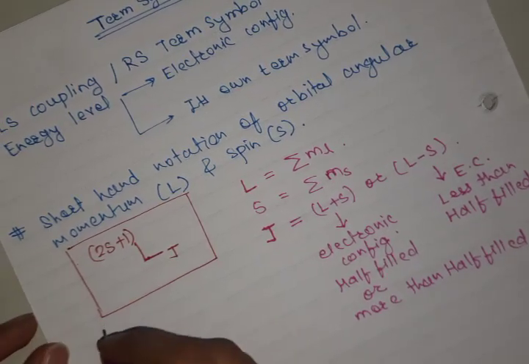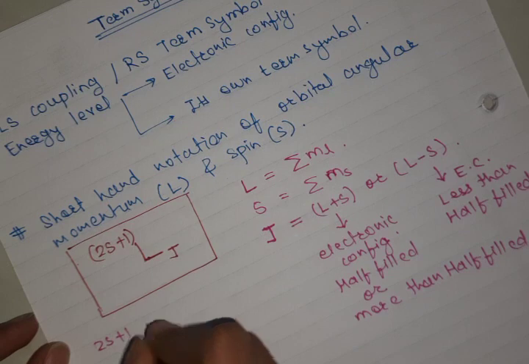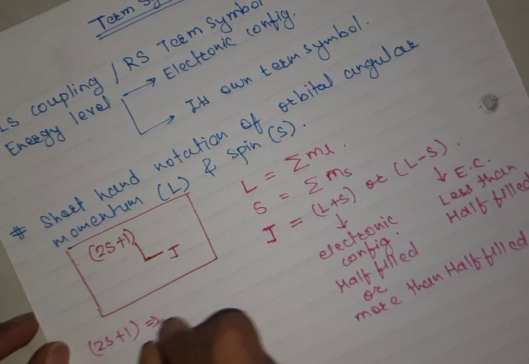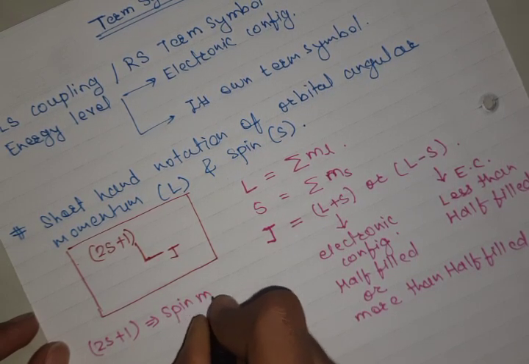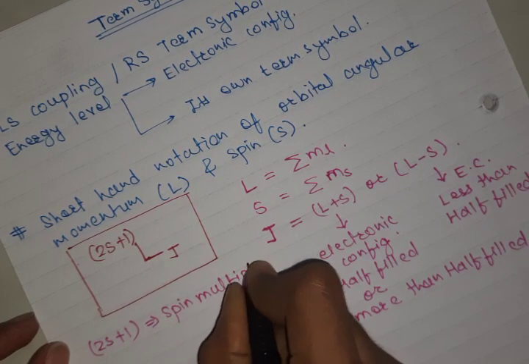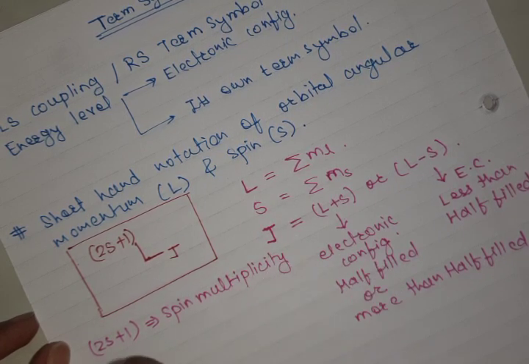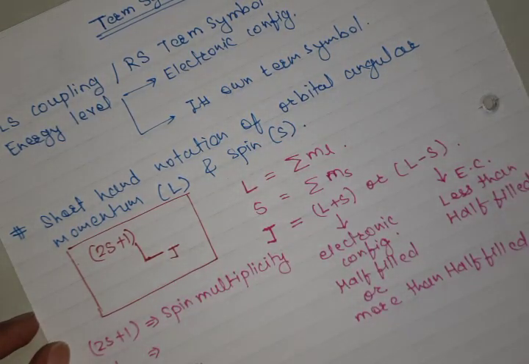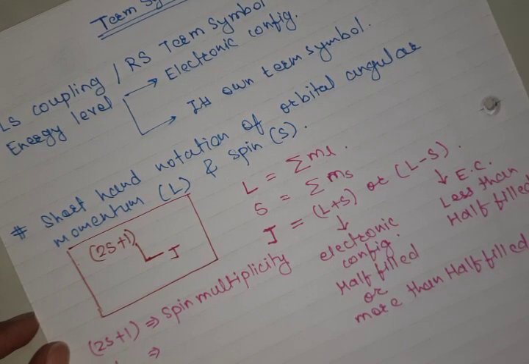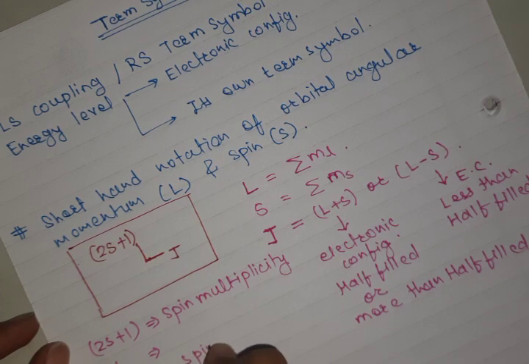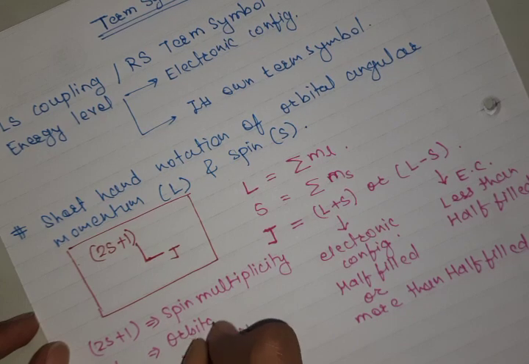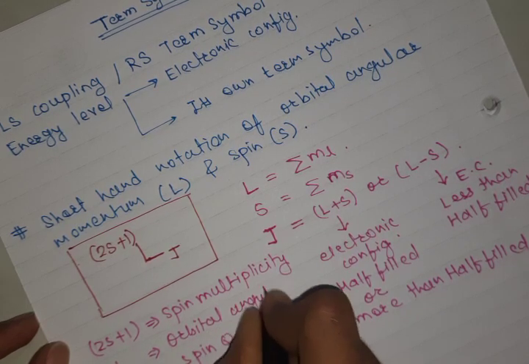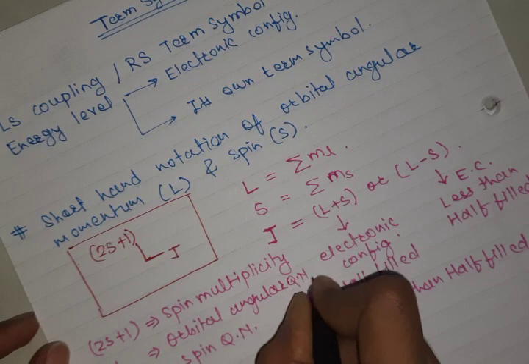So this 2S plus 1 represents the spin multiplicity. This L is the orbital angular momentum quantum number, and S is the spin quantum number.